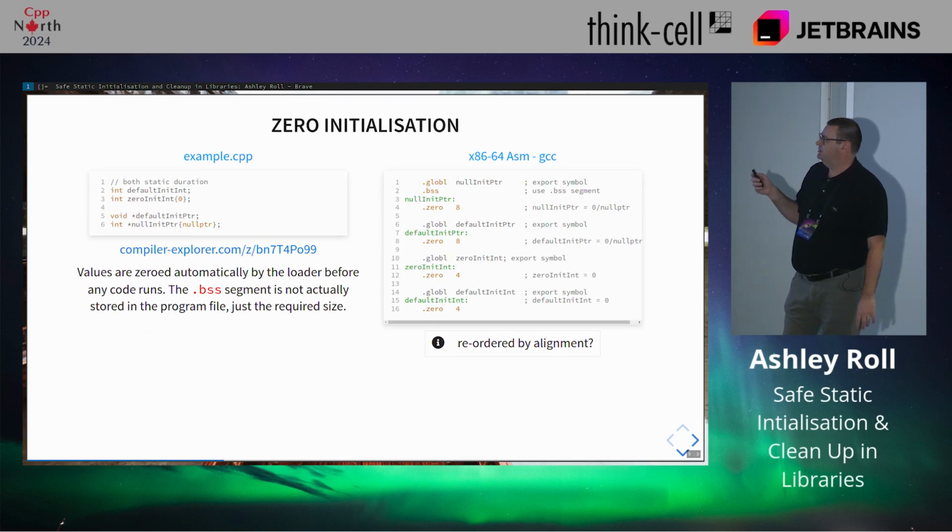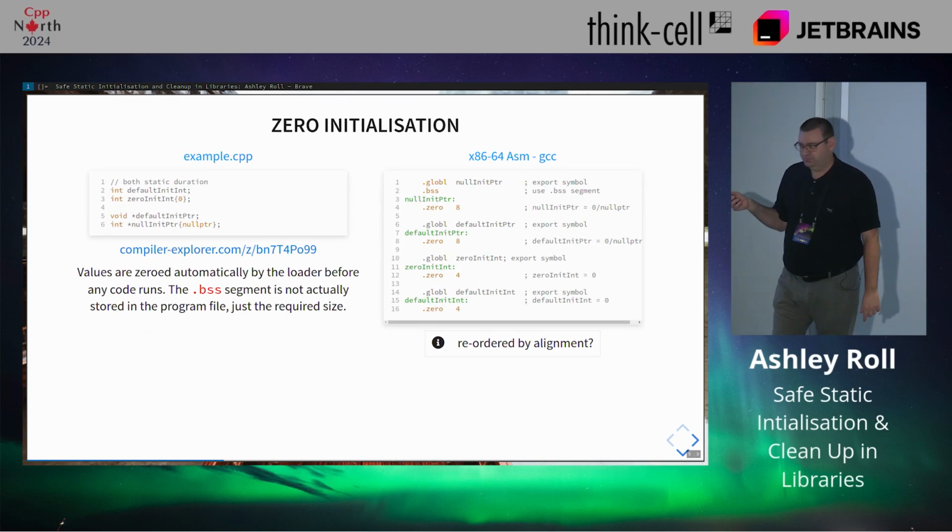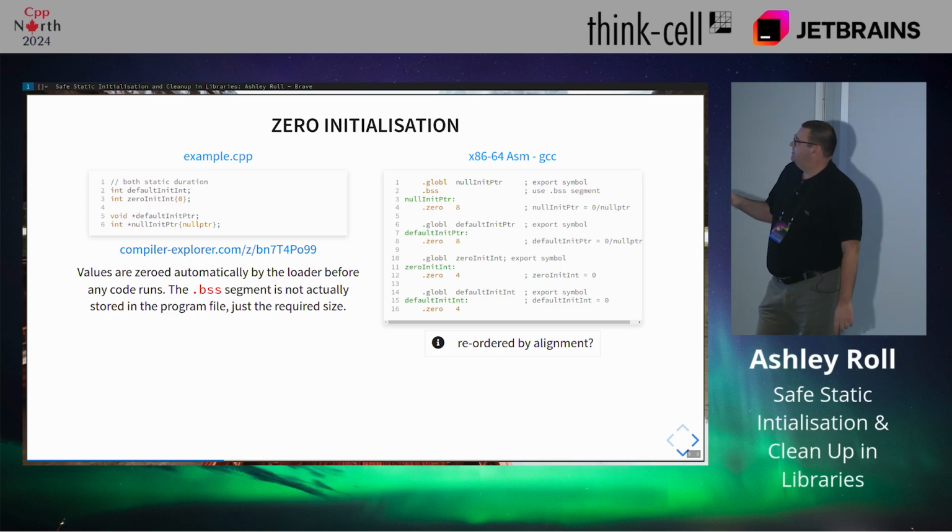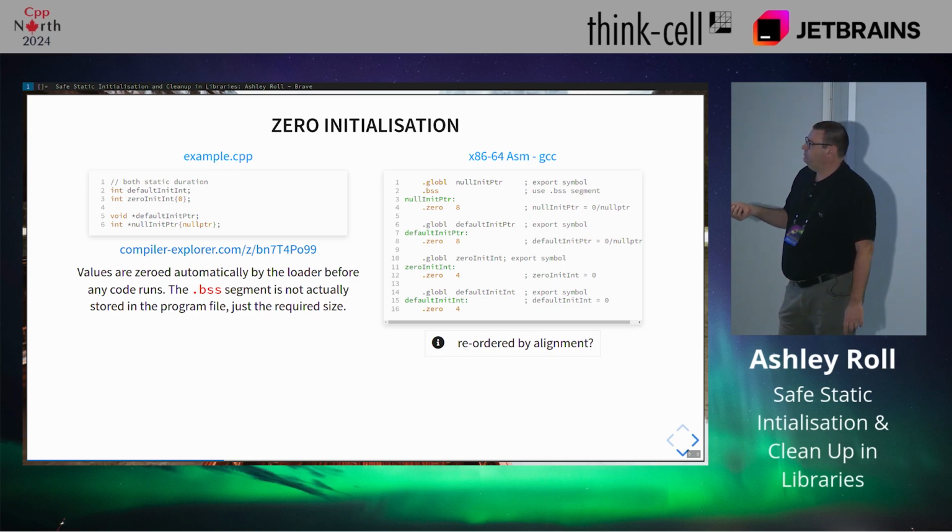Zero initialization is similar but different enough to warrant looking at. So again, all of these options here are zero initialized. This is a default initialization, which means an integer gets a zero. Obviously, this is a bit explicit one. Default initialization of a pointer is, again, null or zero, and the same for specifically setting it.